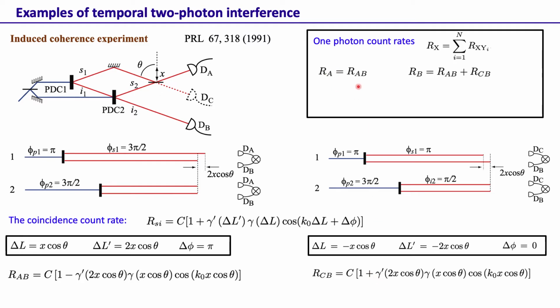So now if we calculate, RA is simply RAB, so this is what we see, and since here we see an interference, we will actually see interference in RA as well. But for RB, this is a sum of this coincidence and that coincidence, and when we put them together, we just have twice C. There is no interference, and this is actually what we see in the experiments as well.